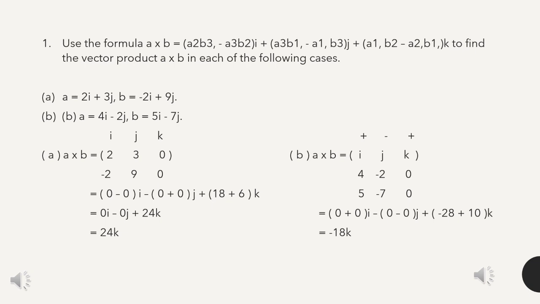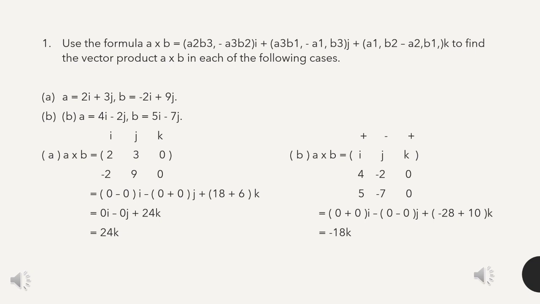And K, we close the row of K and we have 2 times 9 is 18 and negative 2 times 3 is 6 and negative is positive. Okay, so we have 0i minus 0j plus 24k and the answer is 24k.